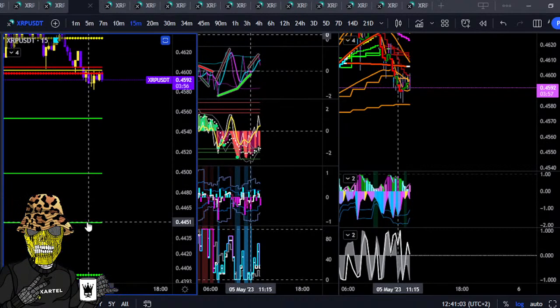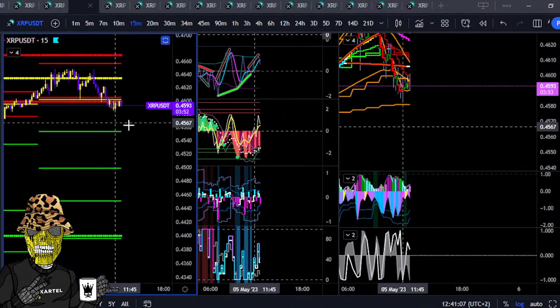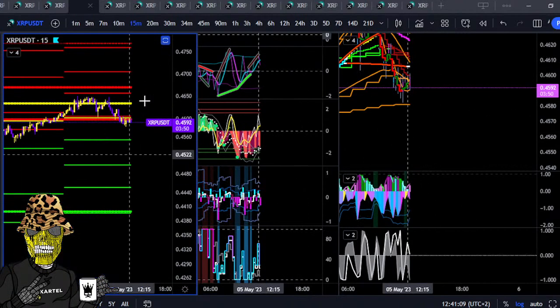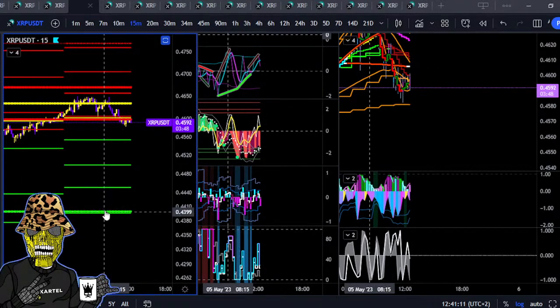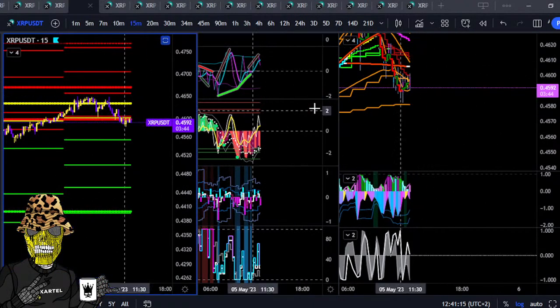4,500, 4,451, 4,400. Okay, this is a monthly mean, and it's being denied by the monthly, so it's the first outlier for the month. And it did come and touch the monthly mean.